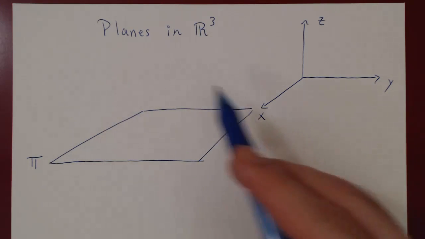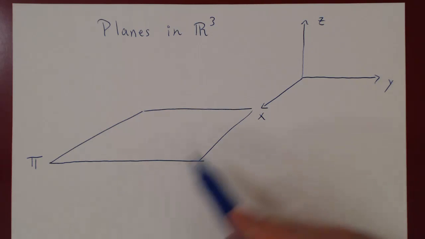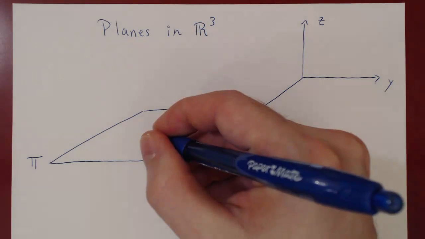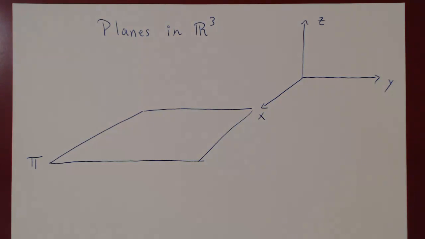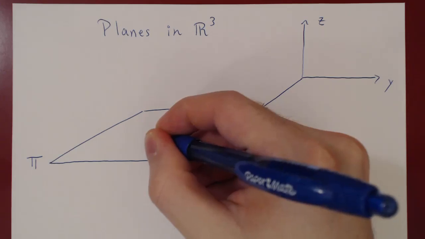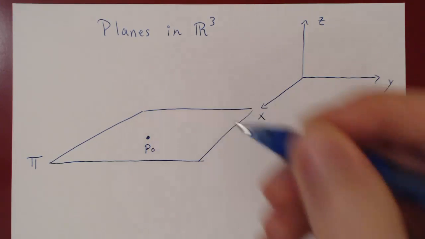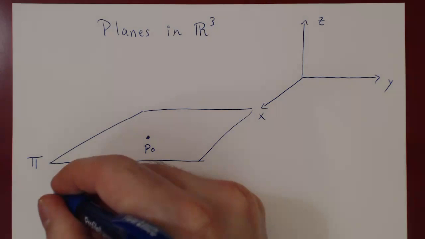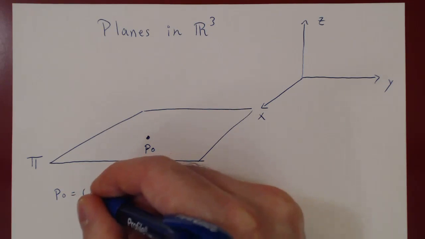For the plane, we also need a directional vector, but as we're about to see, it will not be parallel to the plane, but perpendicular to it. So imagine a given point in space and putting your plane on top of this point. Let's call this point P naught. So this is a point in three-dimensional space. Suppose it has coordinates x naught, y naught, z naught.